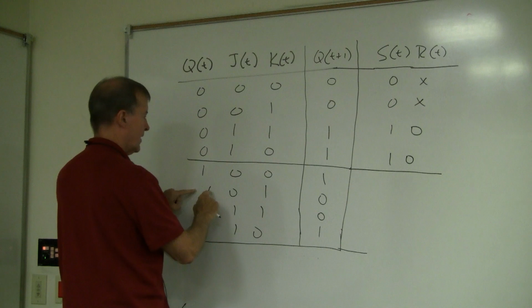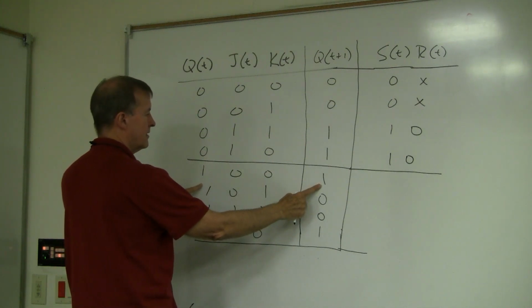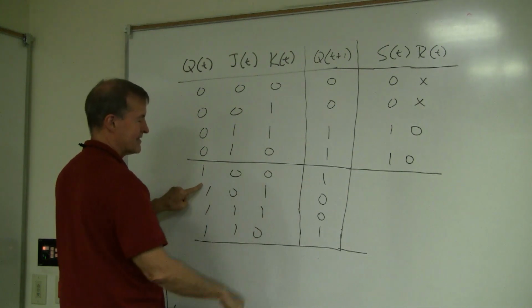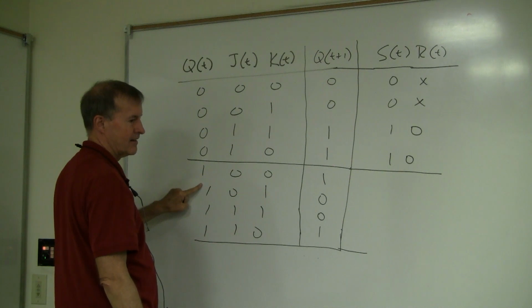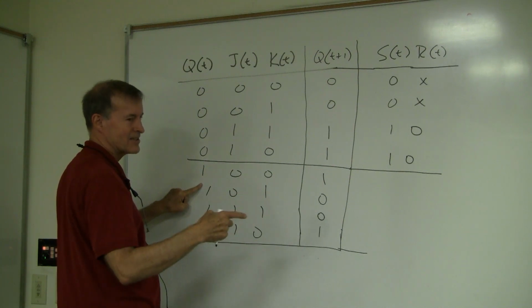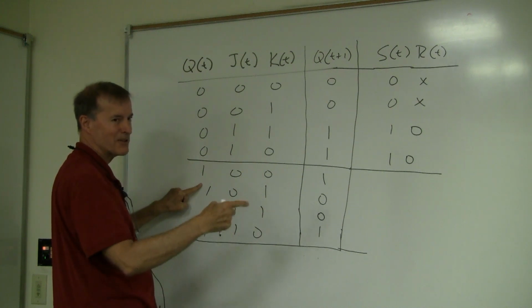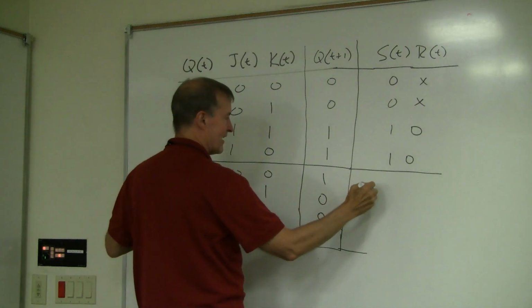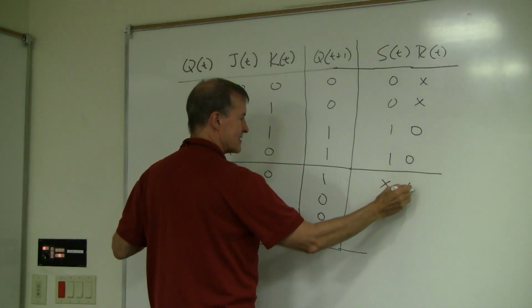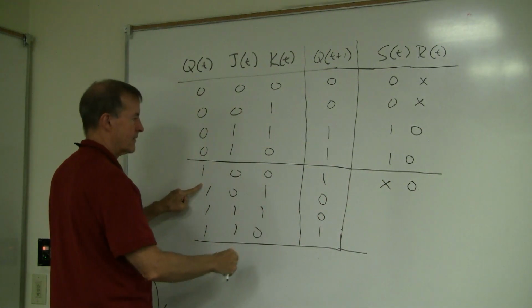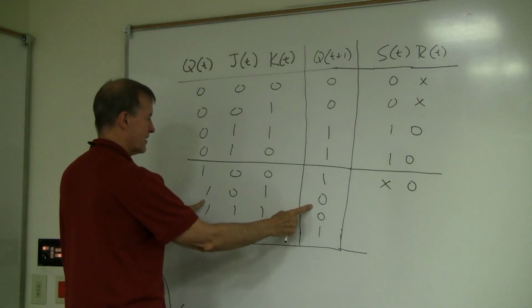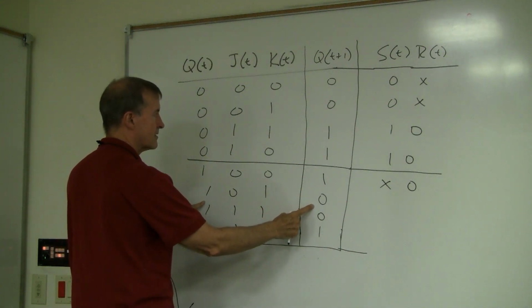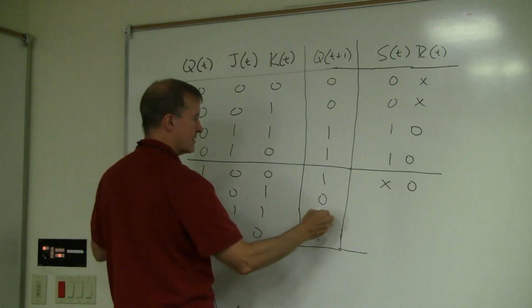Are we good? 1, 1 is either a set or a no change. If we had our excitation table in front of us, we wouldn't have to think about this; we could just read it off. But what is it? It's going to be x 0. And this is what? A reset. So that'll be a 0, 1.